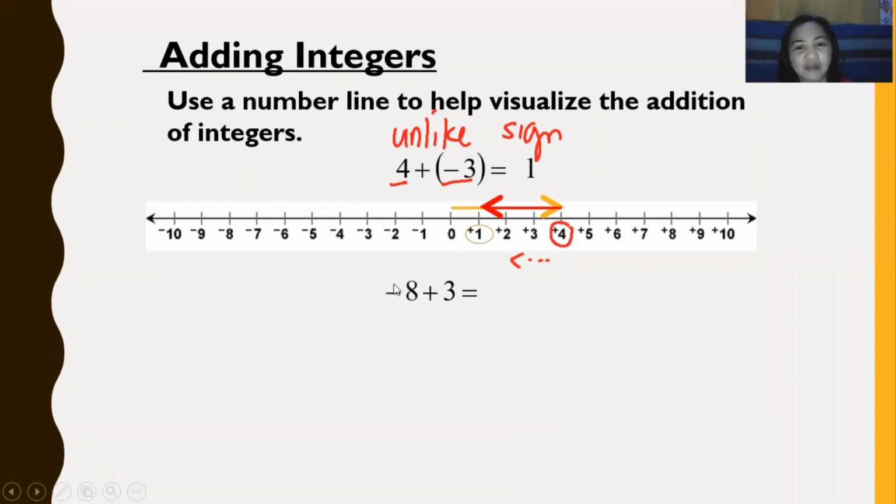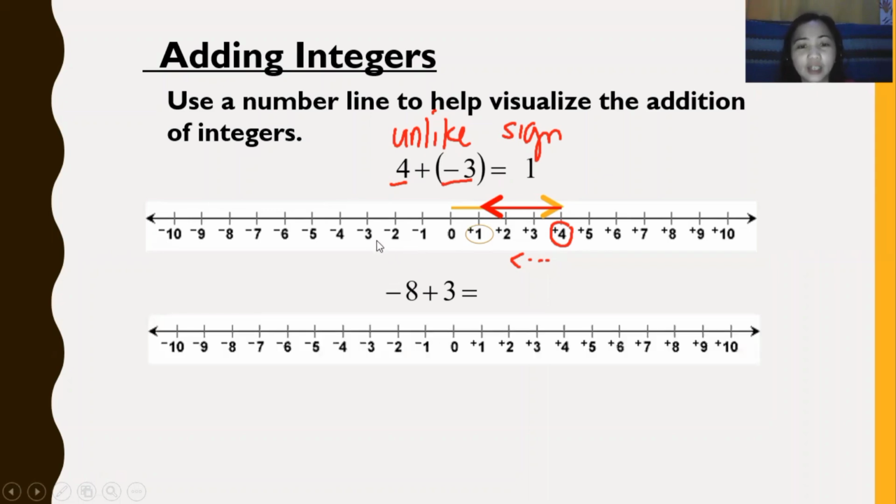Let's have another example. Here we have negative 8 plus positive 3. So here is the number line. Since it is negative 8, our first counting is going to the left. From 0 to the left, we need to count 8 units, and that is negative 8. Now, we are going to add positive 3.